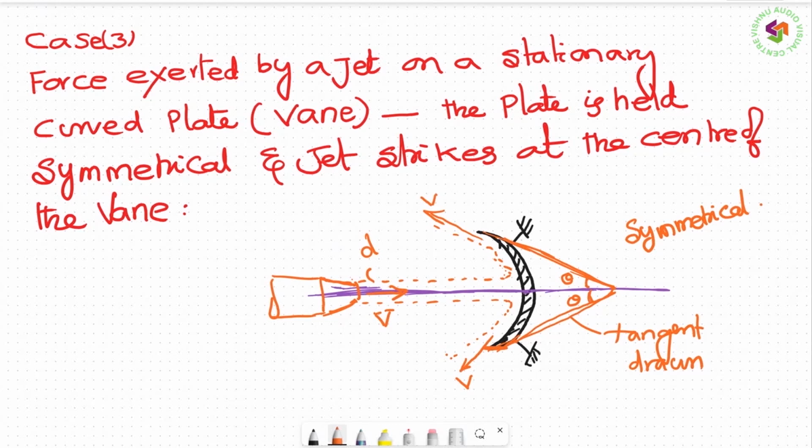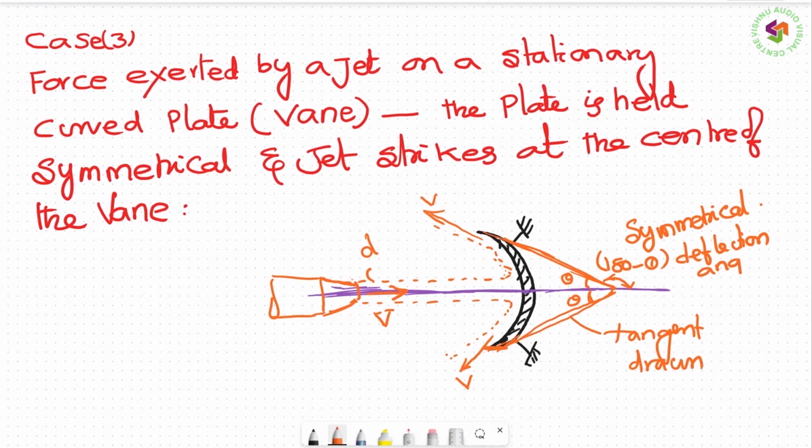So after the jet strikes and leaves like this, how much angle is it moving through? It is 180 minus theta. This is what we call the deflection angle.